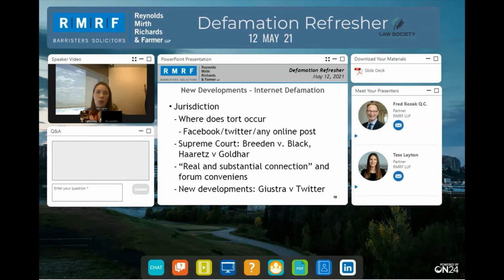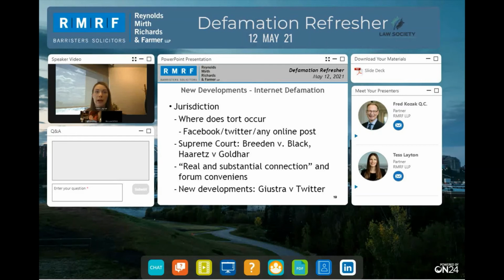So the BC Supreme Court conducted the jurisdiction analysis on the application to strike. Jurisdiction simpliciter was presumed because there was evidence that there's over 500,000 users in BC, that tweets were read by at least some people in BC, and that Mr. Justra has a well-established reputation in BC.